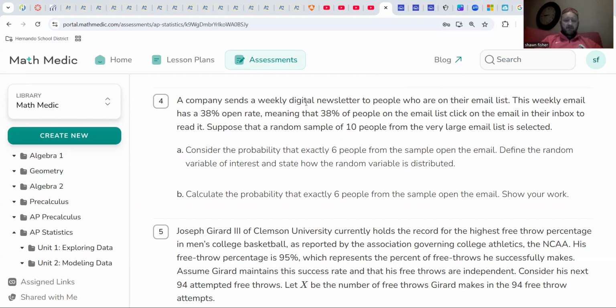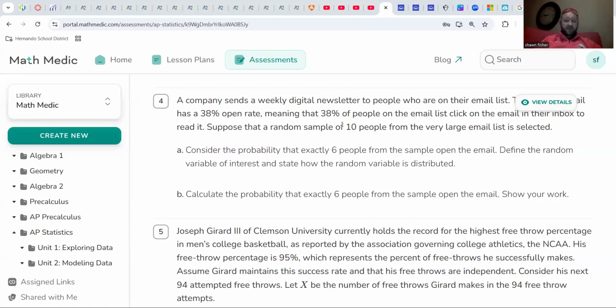Well, we've got a success and fail. Is it independent? I'm going to assume that it's independent. One person opening mail is not going to be dependent upon anybody else opening mail. It just happens. They're in front of their computer. Is the number of trials fixed? Well, yes, six out of the 10. So we have 10 people.